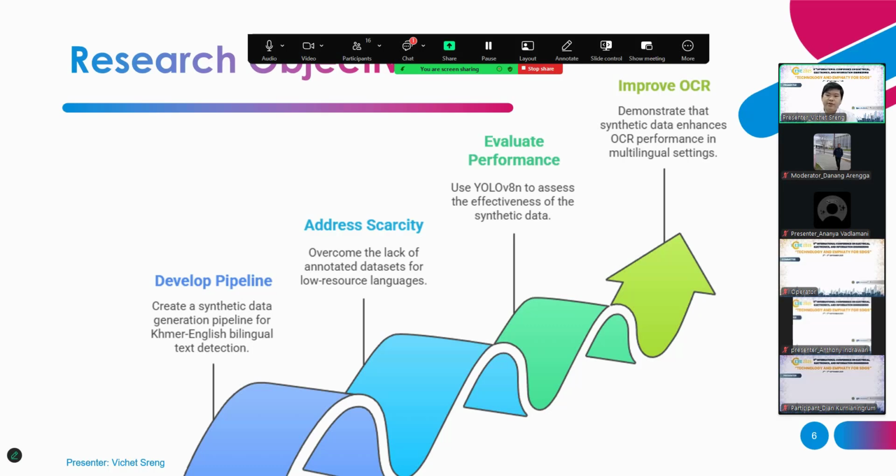Third, we train YOLOv8 with the synthetic dataset and then test on real-world images to evaluate how our model performs in this particular scenario. Finally, we aim to improve OCR system performance in multilingual, low-resource environments. Our results confirm that the synthetic dataset provides a measurable boost in accuracy.